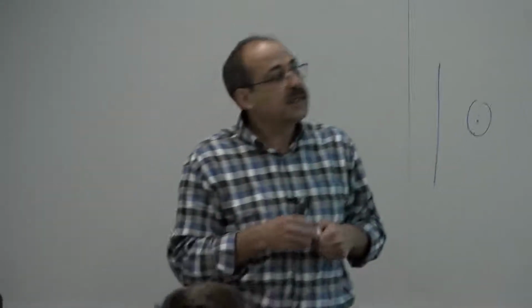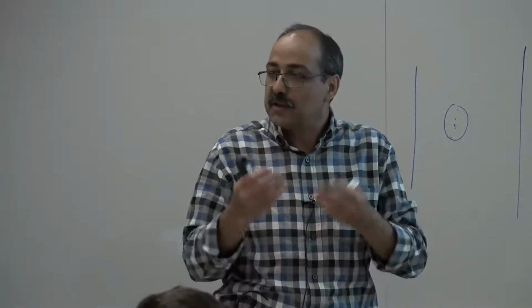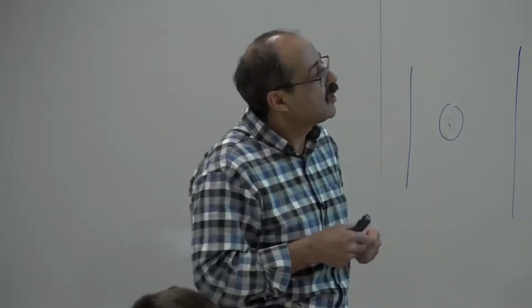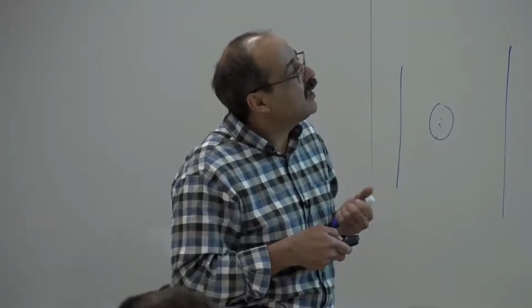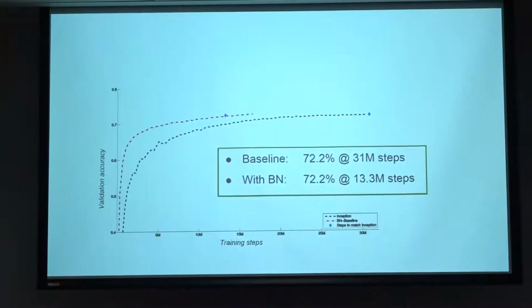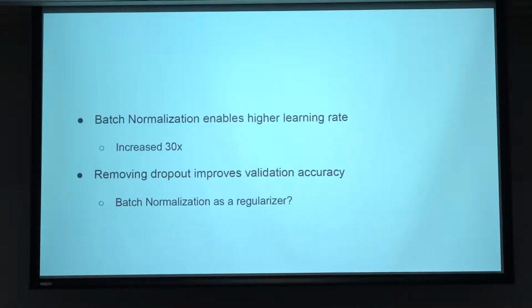Also, it helps that you can choose possibly larger learning rates. They have many experiments in that paper, and they show that it converges faster and it helps for performance. And sometimes it's even 30 times faster with batch normalization.